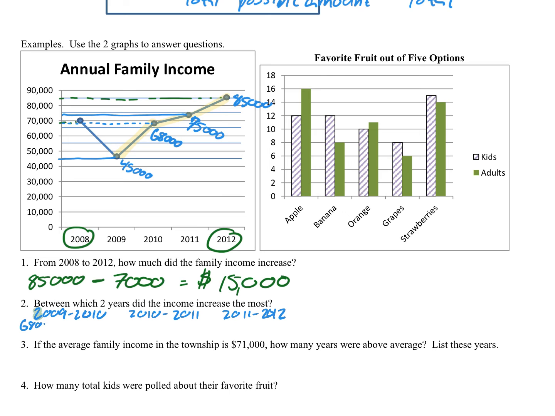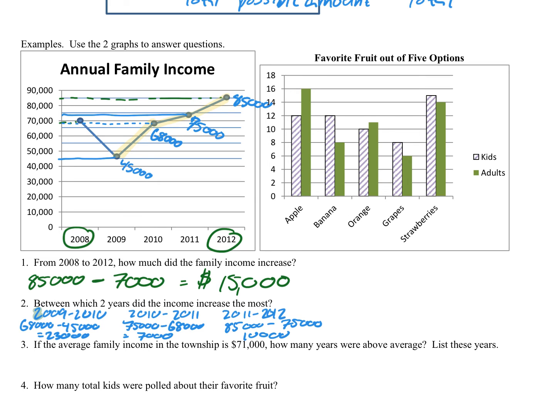So 68,000 minus 45,000 for our 2009 to 2010, and then 75,000 minus 68,000. And then for 2011 to 2012, we have 85,000 minus 75,000.